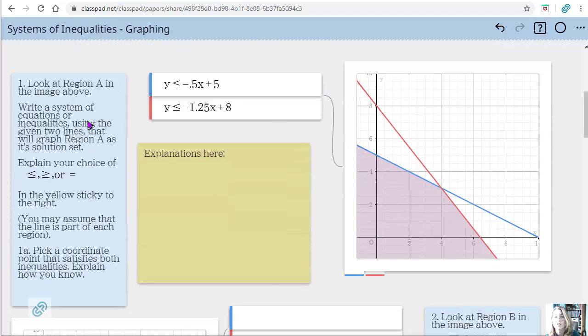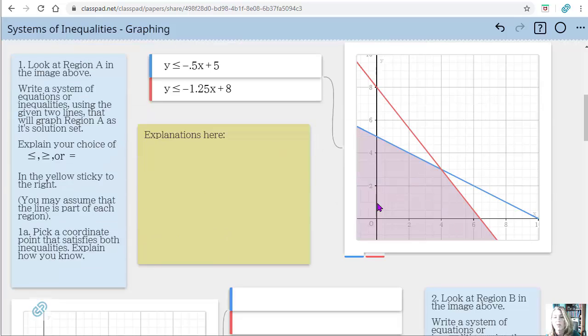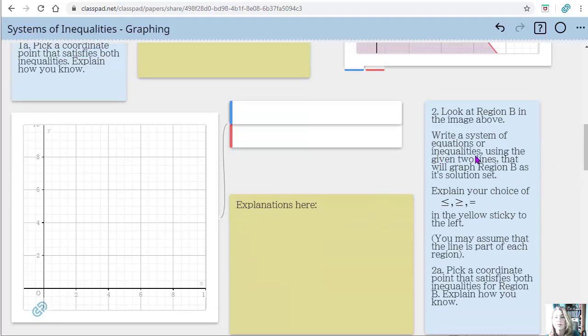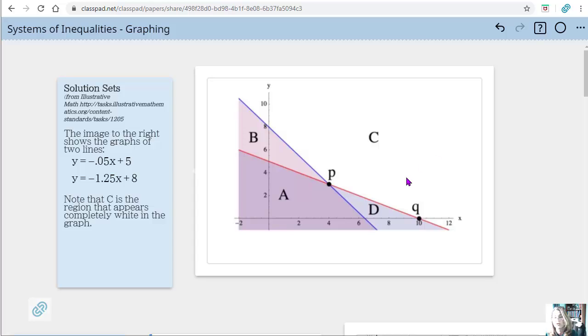And so you'll notice that they have to do it for each region. They have to come up with how they're going to graph that. And so you'll see here, I've already done region A. And then if we wanted to do region B, we're really helping students try to understand. So if this is region B, it's less than this line, and it's greater than this line.